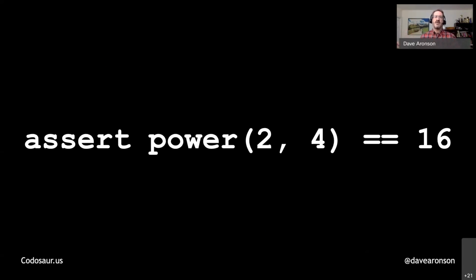All the mutants that our original test killed, this would still kill. 2 plus 4 is 6, not 16, so this should kill the plus mutant just fine. For that matter, 2 times 4 is 8, which is also not 16, so this should kill the times mutant as well. However, the argument swapping mutants still survive.